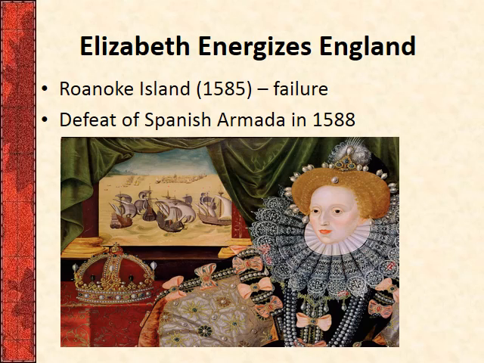So that crushing defeat of the Spanish Armada not only saves England from invasion, but it destroys the ability of the Spanish, at least in the short term, to police the waters, because their fleet's gone. And so the English are able to send their ships all over the world.